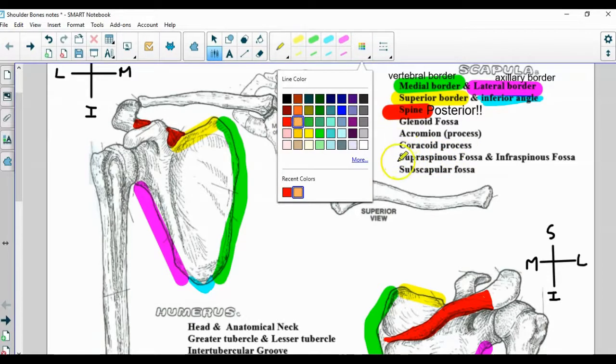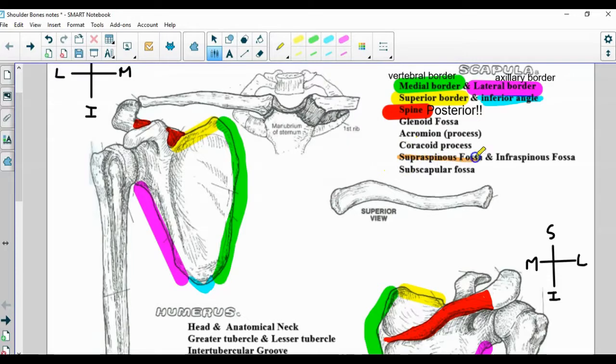So let me find another color. Supraspinous fossa. That's going to be this region right here. Supraspinous fossa. Okay, so the name tells you exactly where it is if you just pay attention to what the word tells you.